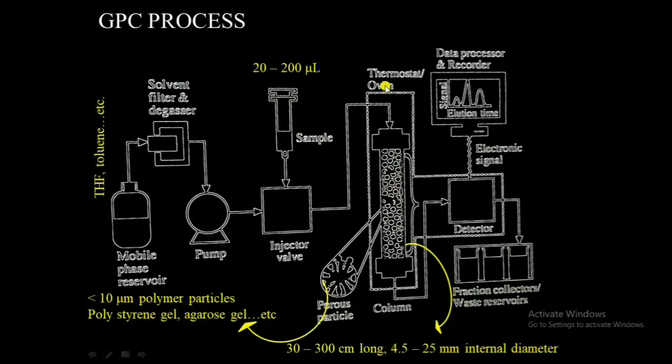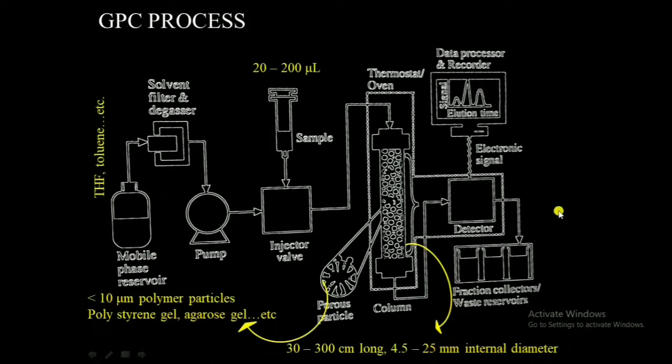Our mobile phase, which contains our sample, will pass through this column, and as I showed in the previous slide, the bigger particles cannot go inside the pores, so they will come out first, followed by the smaller particles. Then those components will reach the detector. First, the biggest particle will reach the detector and give you a signal, followed by the smaller particles. That's how the separation is happening.